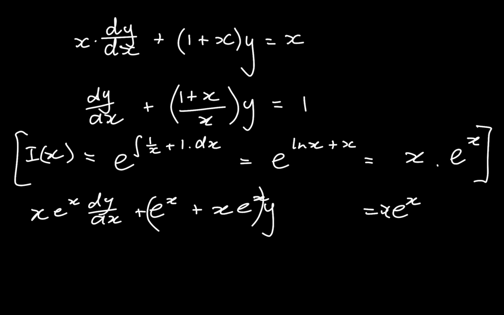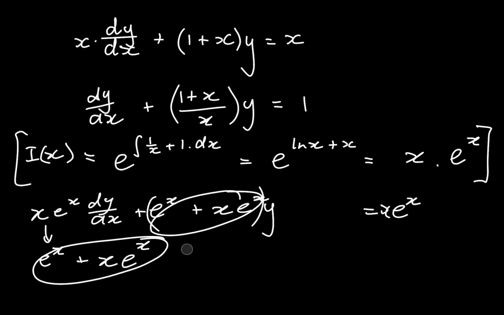Okay, so this is something very interesting because the derivative of y in terms of x is dy/dx. And the derivative of x times e^x in terms of x, we use the product rule, and we get the derivative of x, which is just 1, times e^x, plus x times the derivative of e^x, which stays as e^x. So this here, we notice, is the same as this here.